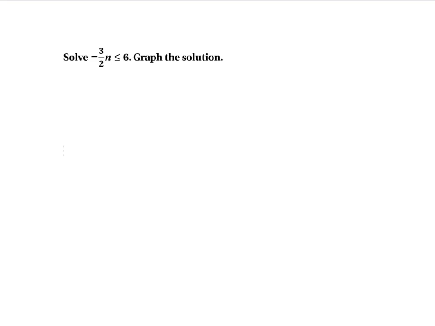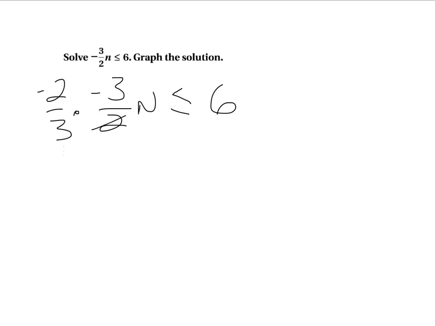Now is a situation where you will see me flip. Negative 3 halves n is less than or equal to a positive 6. I'm going to multiply because I need to divide by negative 3 halves, so I'm going to multiply by its reciprocal, which would be a negative 2/3. These would cancel, and I would be left with just n on this side.